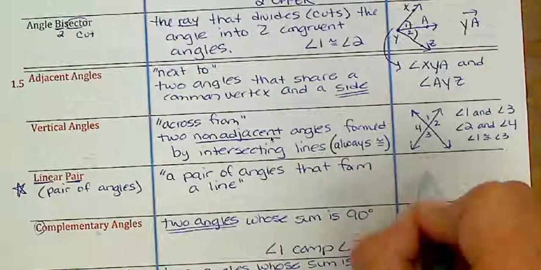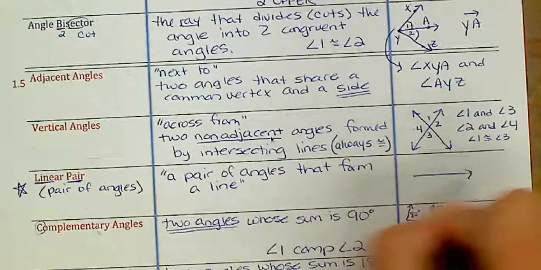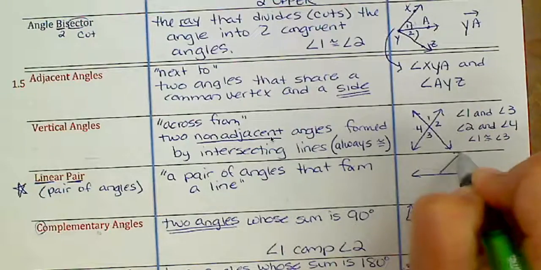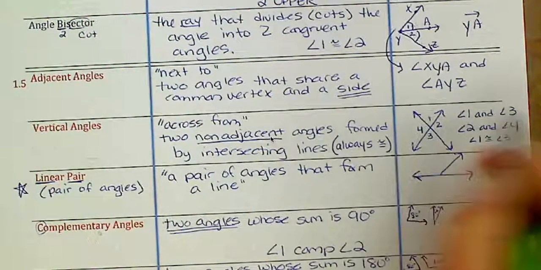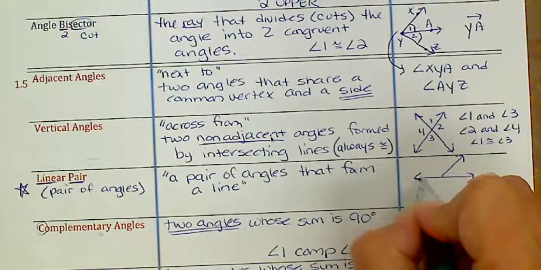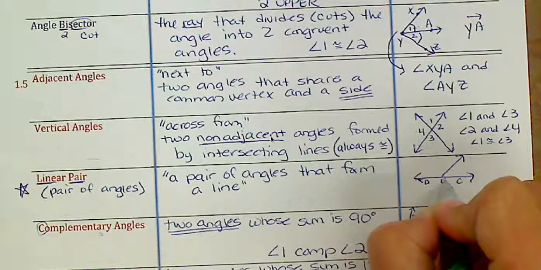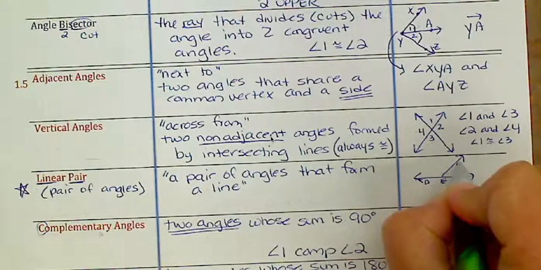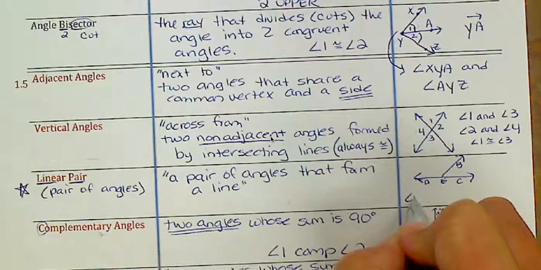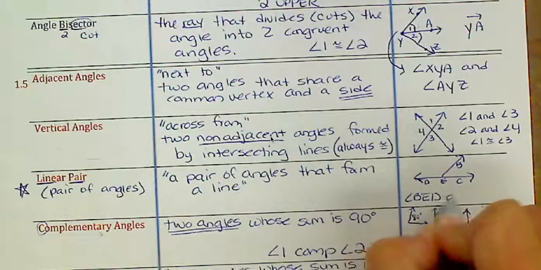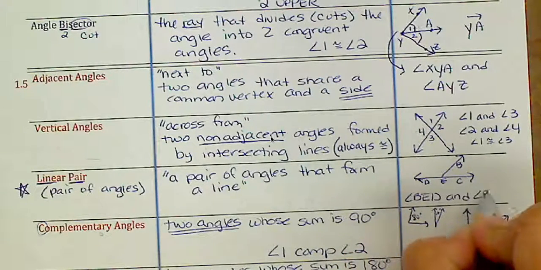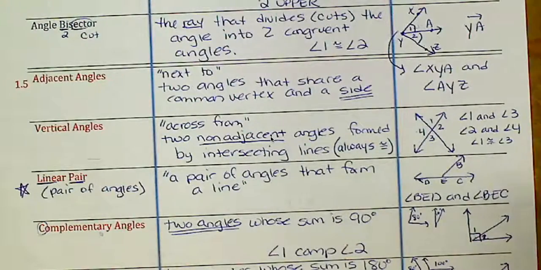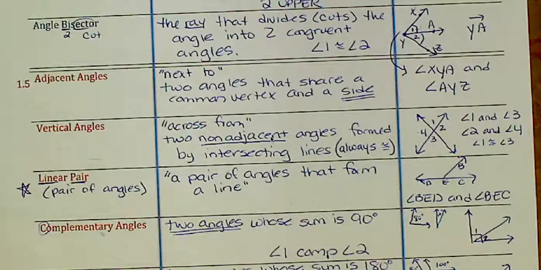For example, if we have this straight angle and this ray that's cutting this angle, and we've got D, E, C, and B, then angle BED and angle BEC are a linear pair, a pair of angles that form a line.